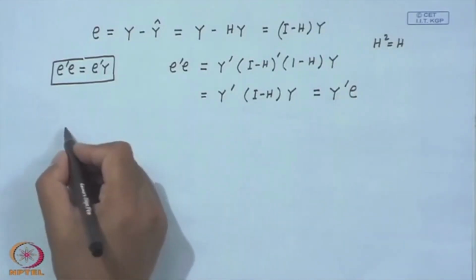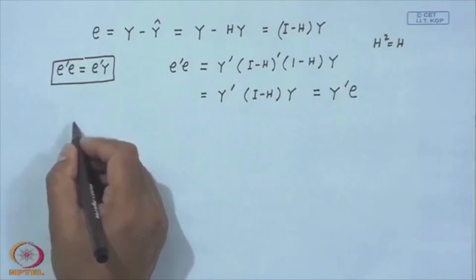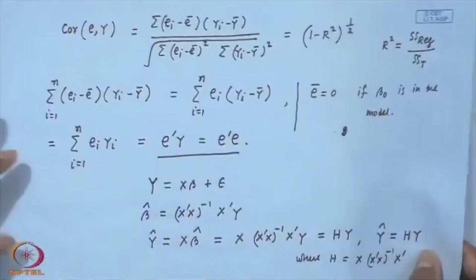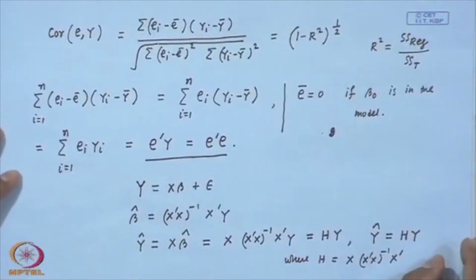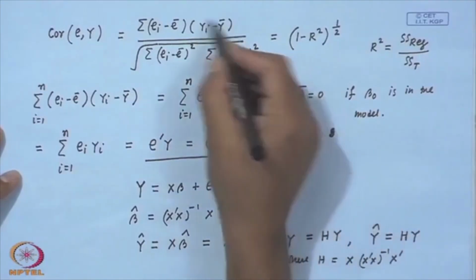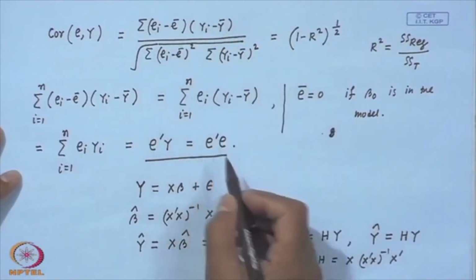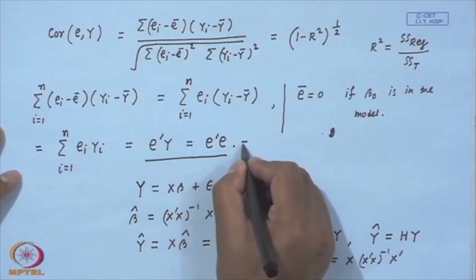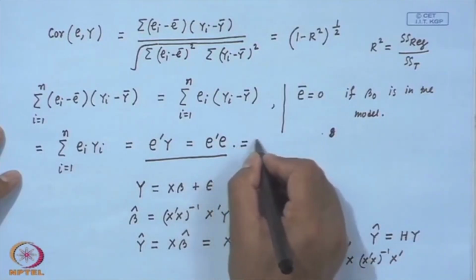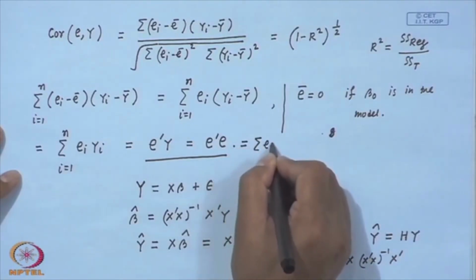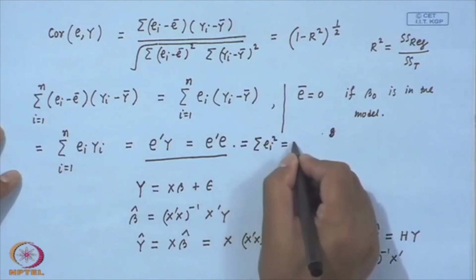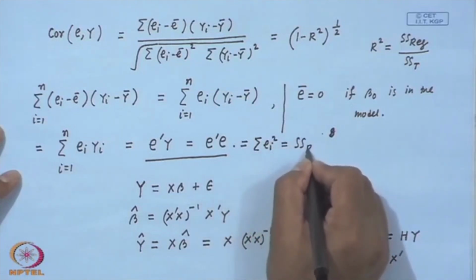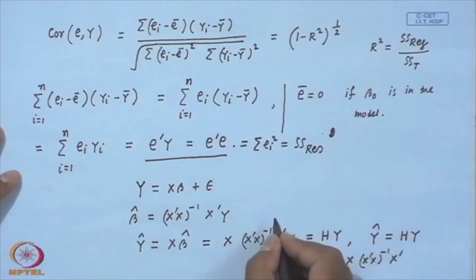So, what we have proved is that the numerator is equal to E prime E, which is nothing but summation E I square, which is nothing but SS residual.